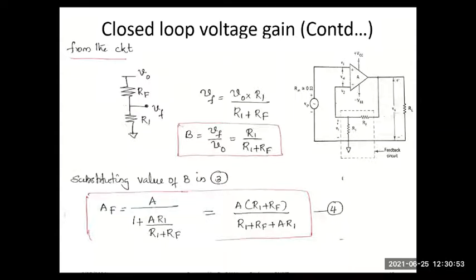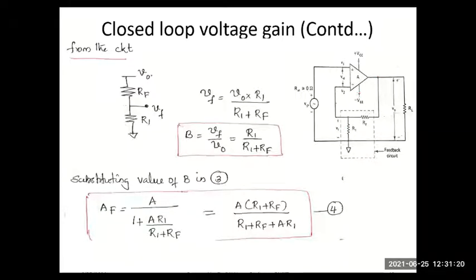Can we find what is the voltage across this resistor R1? You can clearly see the output voltage V0 appears across the RF plus R1 combination. This point is the starting for V0 and this point is the ending, ground, and R1 and RF are part of this.